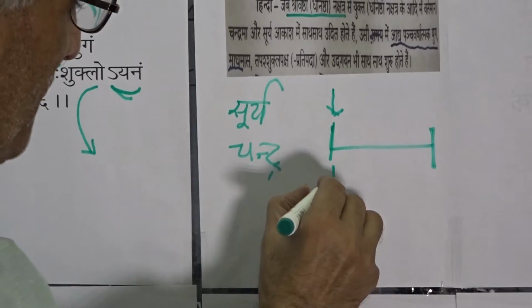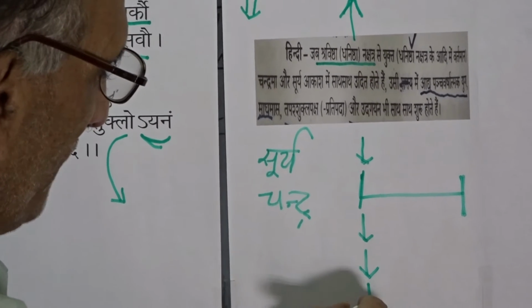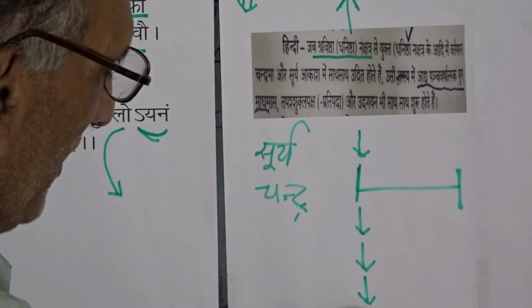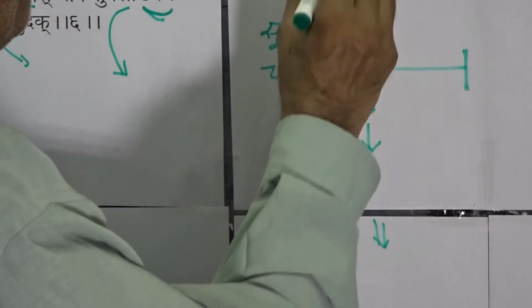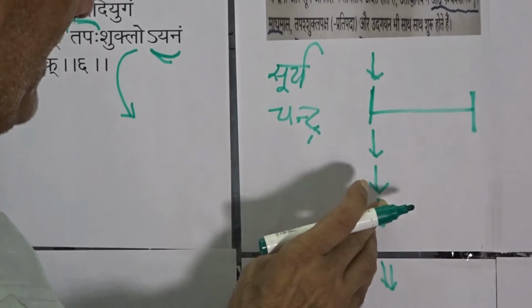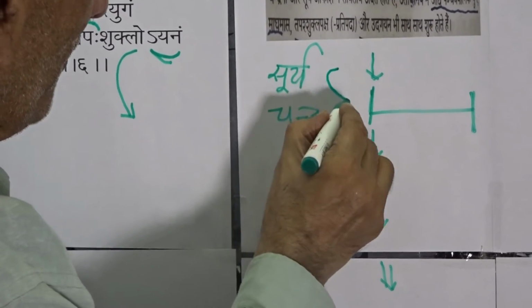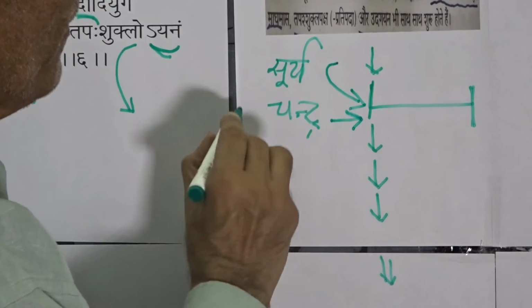It is the beginning of the first year. It is the beginning of an Uttarayan. It is the beginning of a Magh month. It is the beginning of a Shukla Paksh. And it is the beginning of the Ghanishta Nakshatra. And then it is the beginning of the Sun and Chandra.